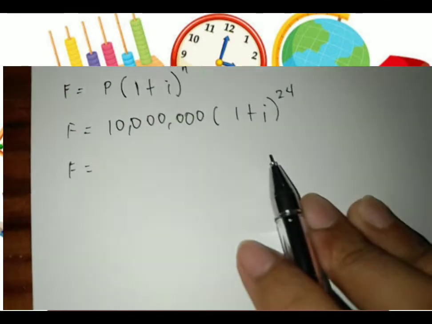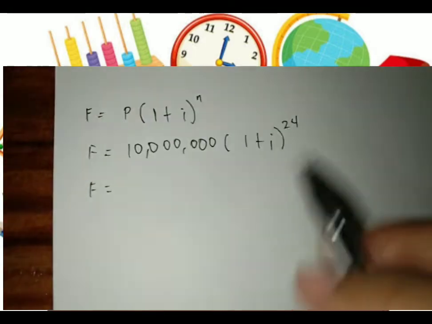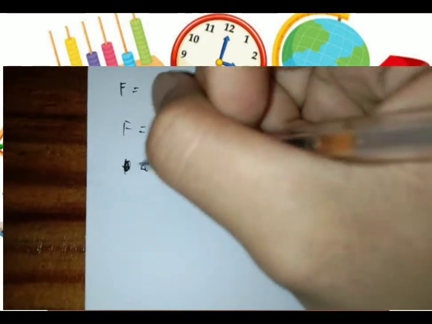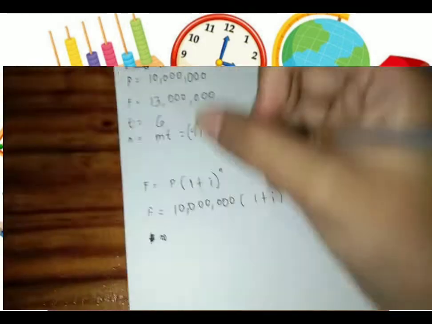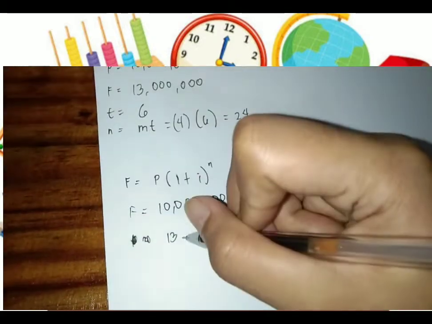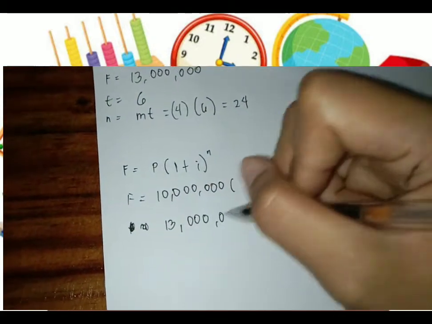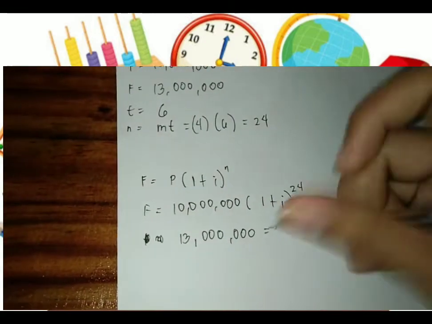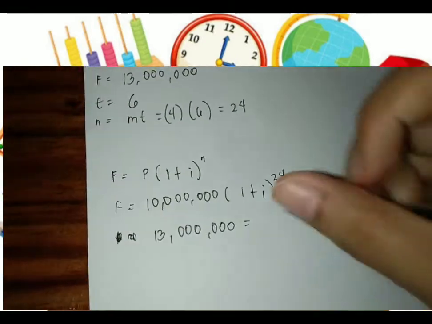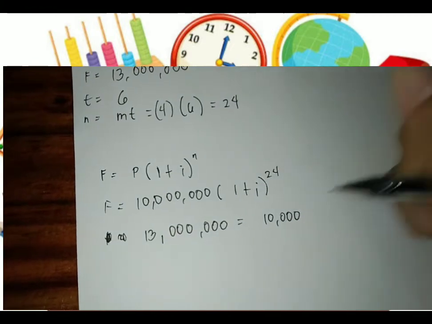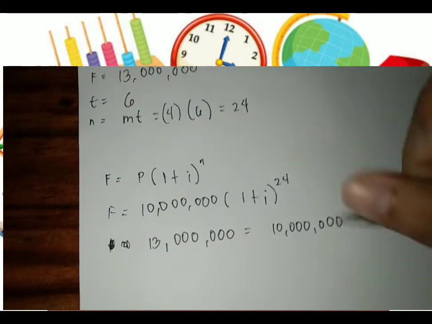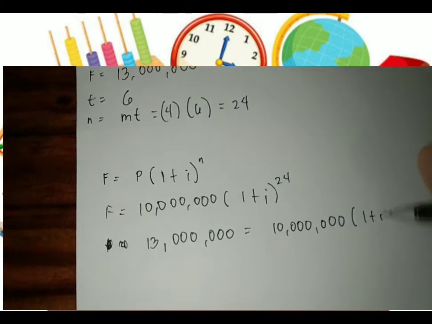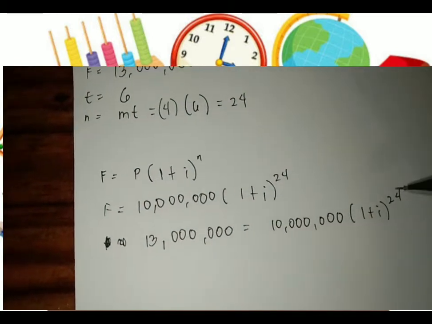Our F is equal to 13 million, equal to 10 million times 1 plus i raised to 24.